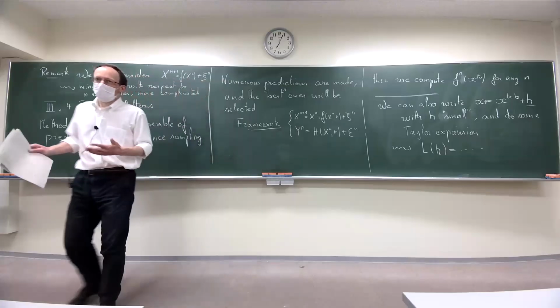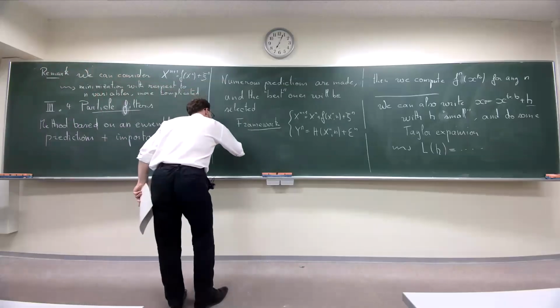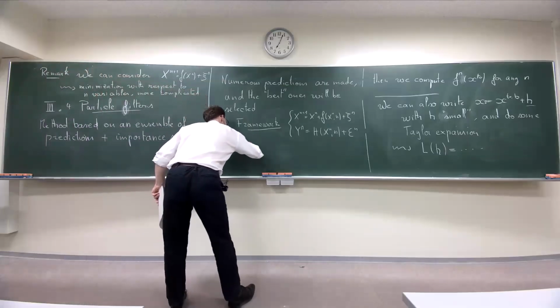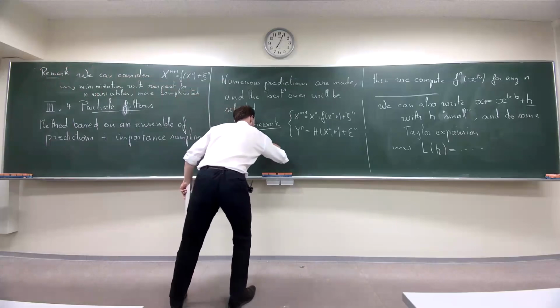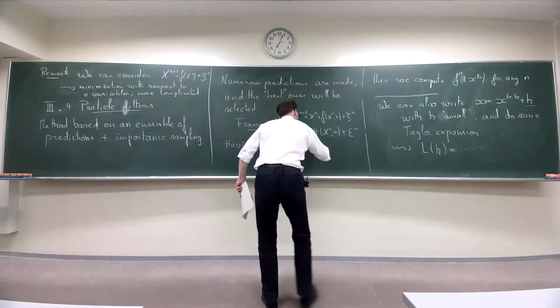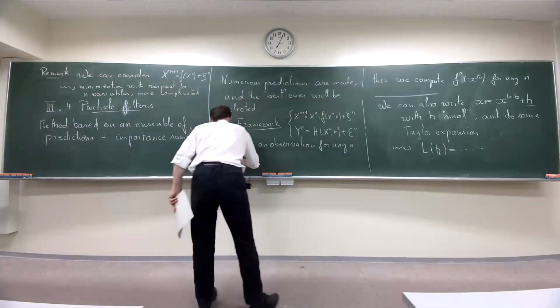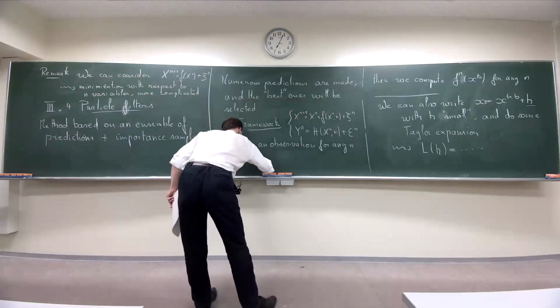So having an observation for any n is not a restriction.